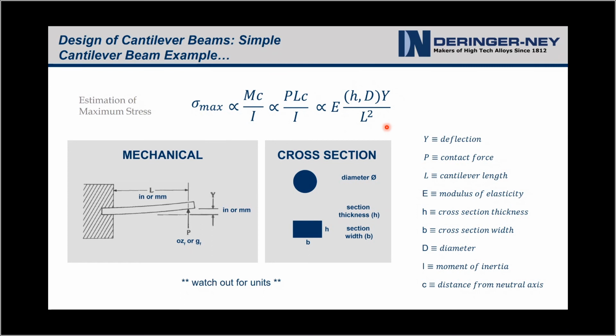So this really tells us to minimize the thickness of the material, and your deflection is largely a factor of what kind of assembly you have, and then the length. So you want to go longer to reduce your stress, and that's a very powerful tool.